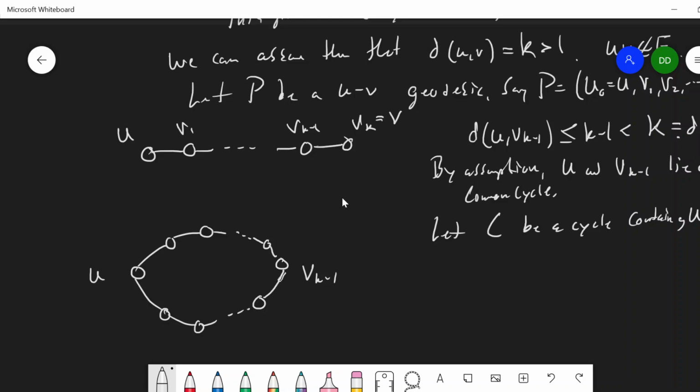Again, by assumption, u and v do not lie on a common cycle. And so, let me put some space between these two, v is not on the cycle.